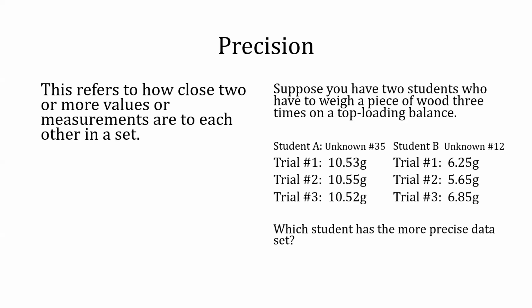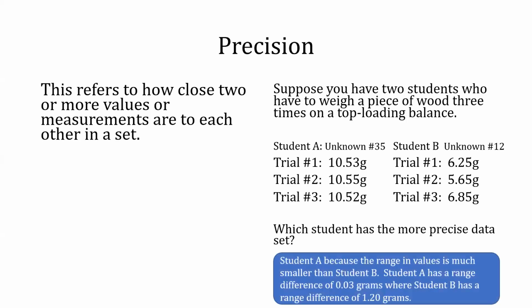Student A has 3 trials weighing for unknown 35 and recorded the following measurements: 10.53 g, 10.55 g, and 10.52 g. Student B has 3 trials weighing for unknown 12 and recorded the following measurements: 6.25 g, 5.65 g, and 6.85 g. Which student has the more precise data set?